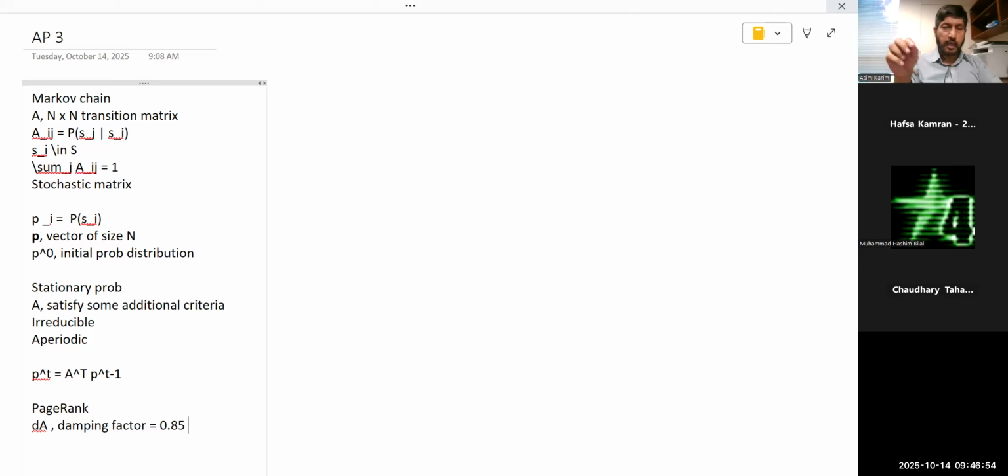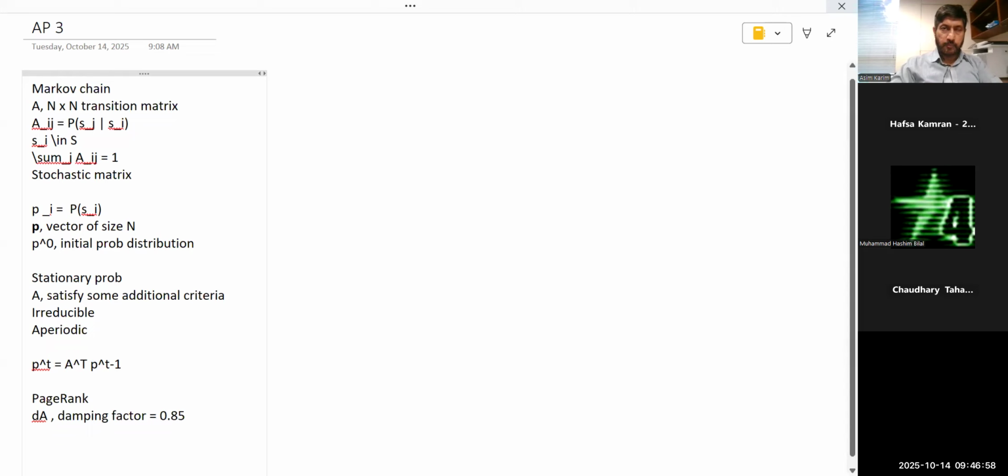Because हर नोड से every other node का लिंक आ रहा है. So we change A in this way. तो आपका जो नया A अब जो बनेगा वो (1 minus d) E divided by N plus d into A. So this is your new A, which is now aperiodic, irreducible and stochastic.